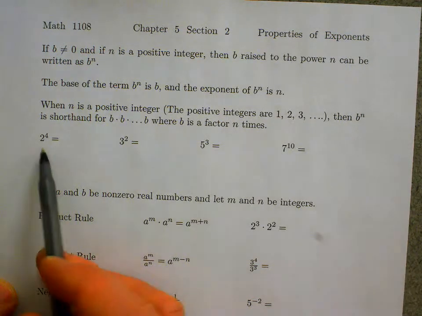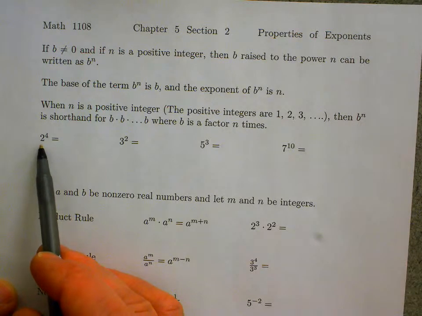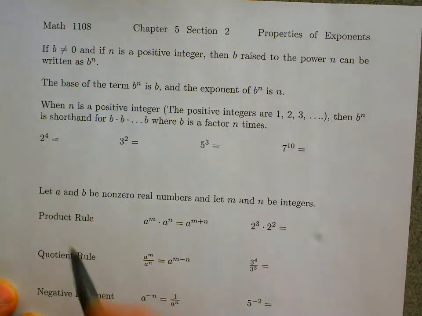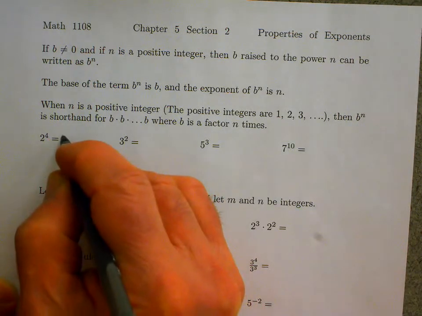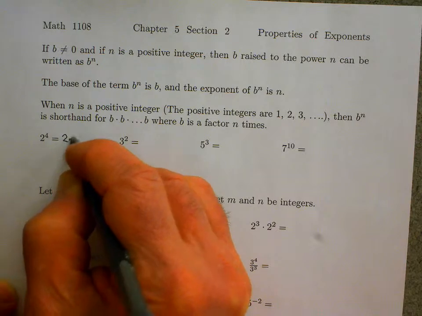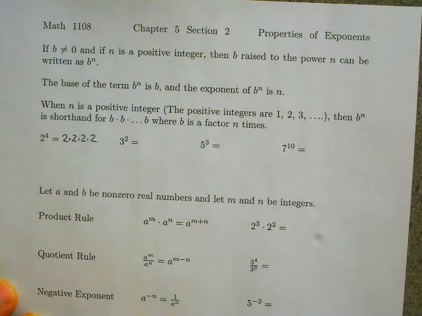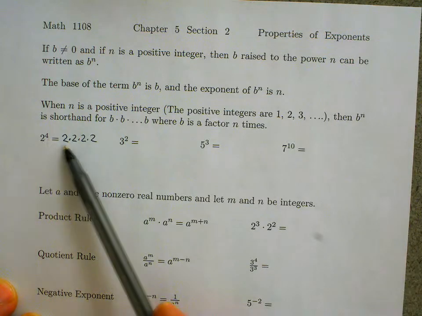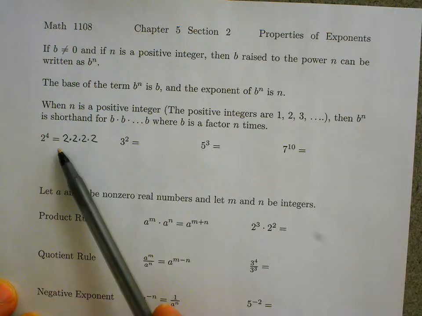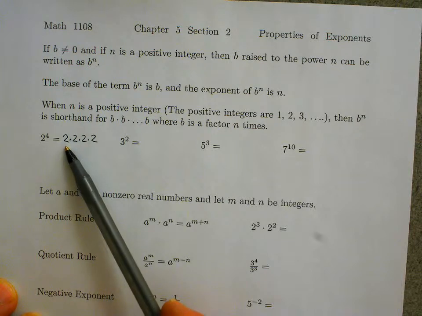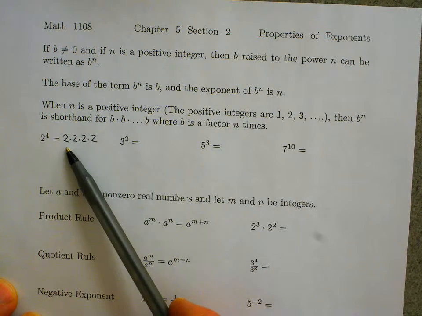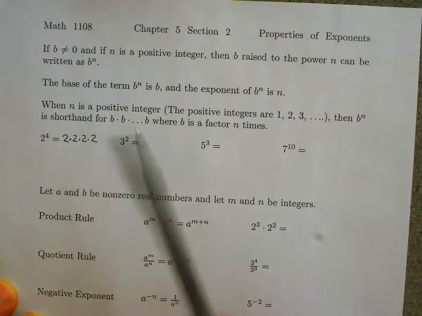So for example, 2 raised to the power 4, that means 2 times 2 times 2 times 2. The exponent 4 is not very big, but you can see that 2 to the 4th is less complicated than writing out 2 times 2 times 2 times 2.